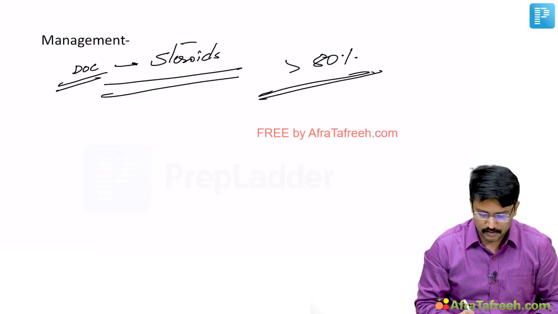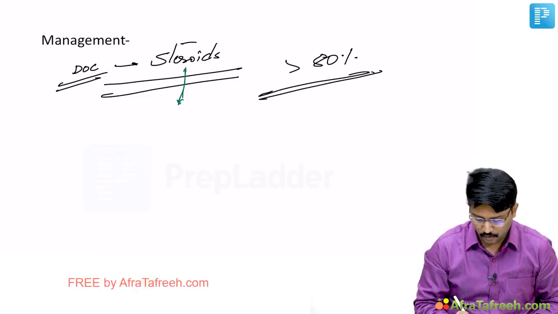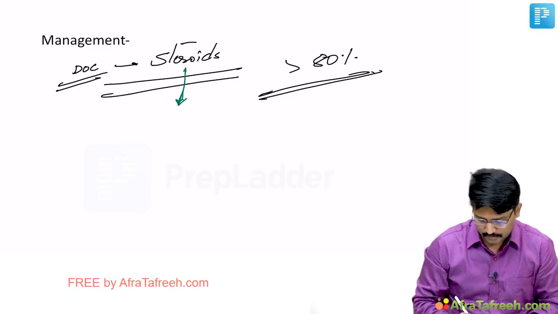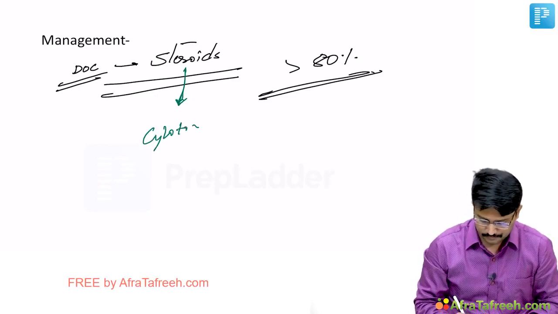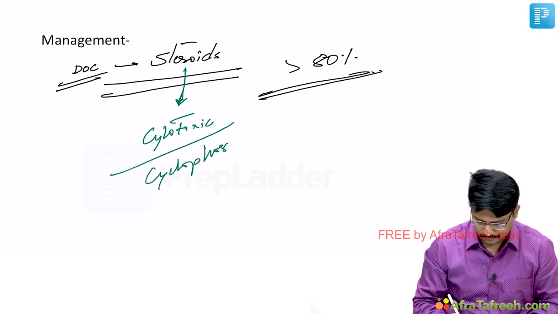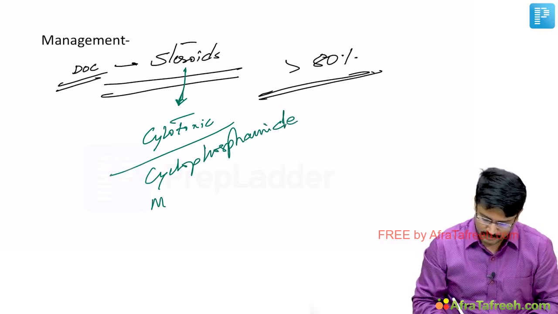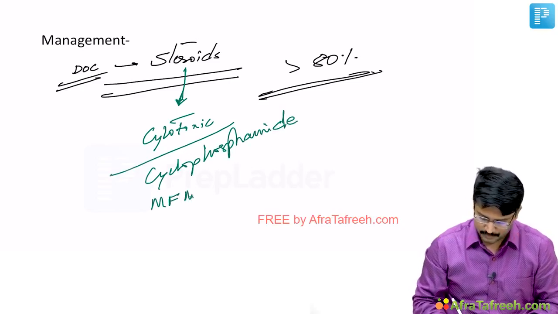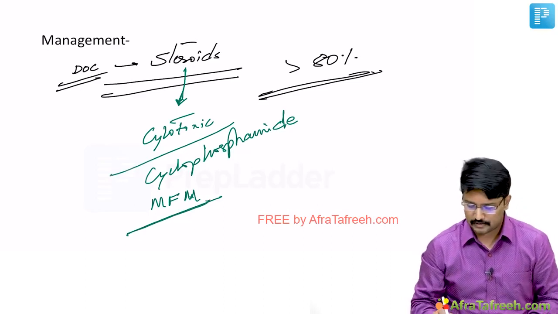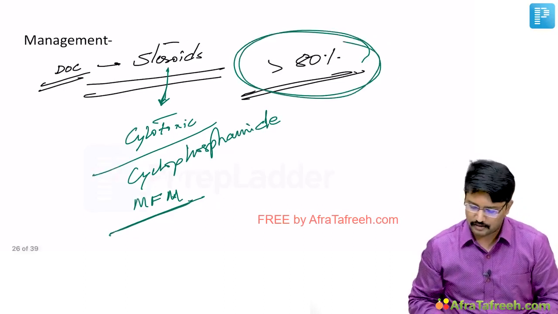In certain patients, if steroids are non-responsive or we want to spare using steroids, we may consider other cytotoxic drugs like cyclophosphamide or mycophenolate mofetil, MMF. They respond well, and hence the prognosis is generally good.